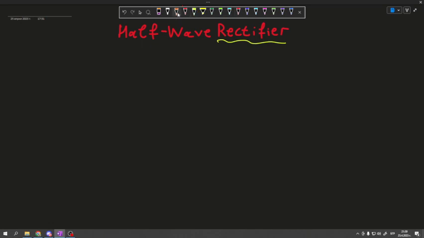A rectifier is basically a machine which turns AC into DC. So it turns AC, or alternating current, into DC, direct current. And let's have a refresher on what AC means.